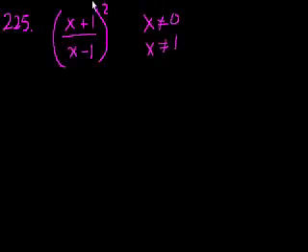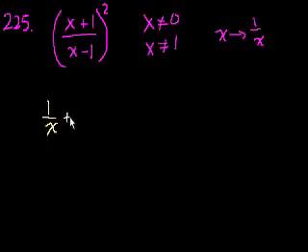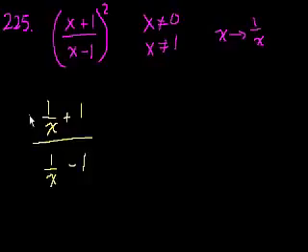And if x is replaced by 1 over x everywhere in the expression above, then the resulting expression is equivalent to, well, I don't know, let's just do it. So we're just replacing x with 1 over x: (1 over x plus 1 over 1 over x minus 1), quantity squared.